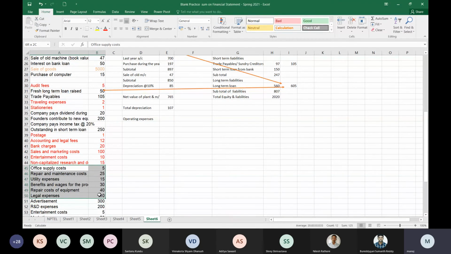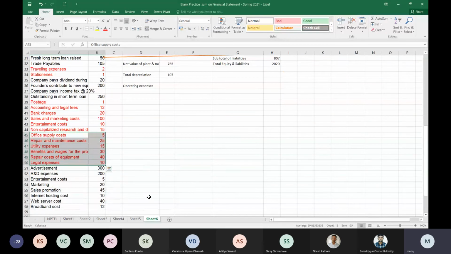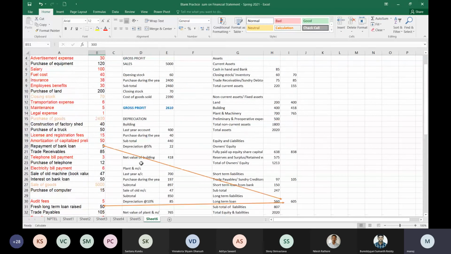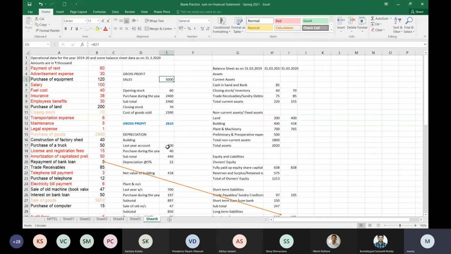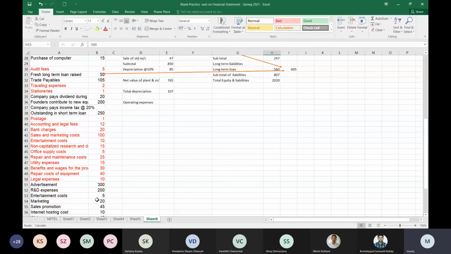Advertisement again, okay. See, this advertisement expense is substantial. Now it is your decision whether to amortize or to allow in the year. Now 300 compared to 5,000 rupees seems to be quite high, right? At least compared to preliminary pre-operative, that is 500. So this is also 300. So you may like to amortize this.